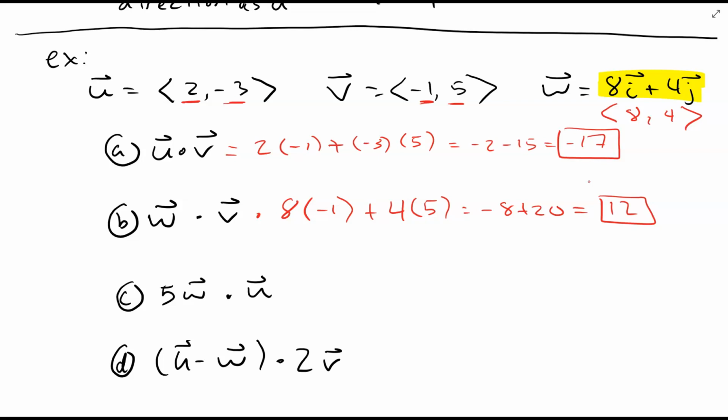Or you can dot product the w and the u and then multiply by 5. It doesn't really matter. Is everybody okay with that? I'm going to choose to do it that third way. So I'm going to take the dot product of w and u and then multiply that by 5. So the dot product of w and u is the x component of w times the x component of u plus the y component of w times the y component of u.